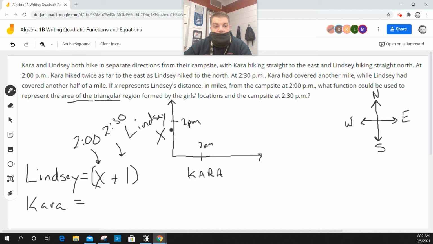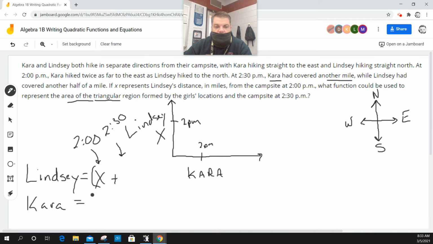And then Kara went, at 2:30, let's read where Kara went. Kara had covered another mile. Oh, no, my bad. Lindsay only went a half a mile. And I'll show you where I'm getting this from. So here it says Kara covered another mile.